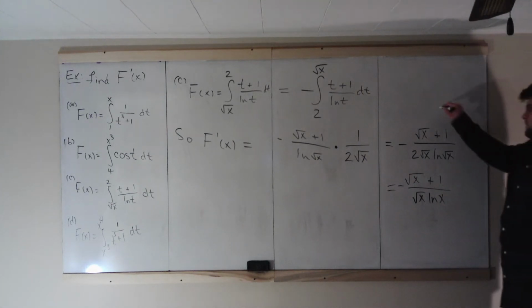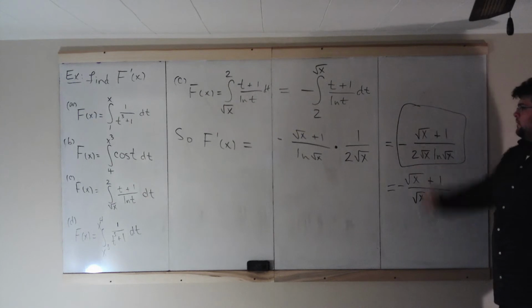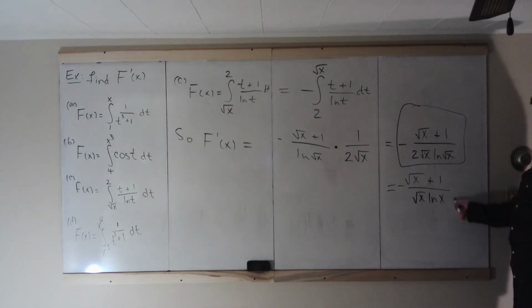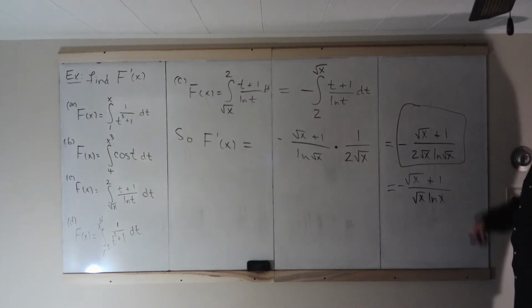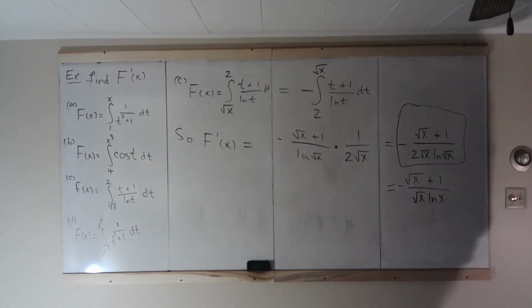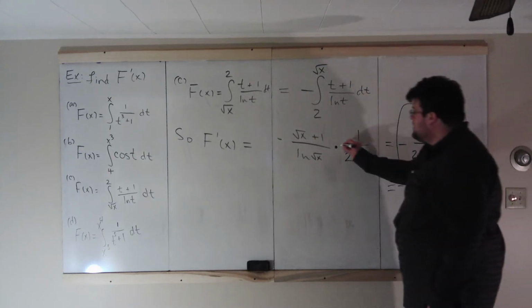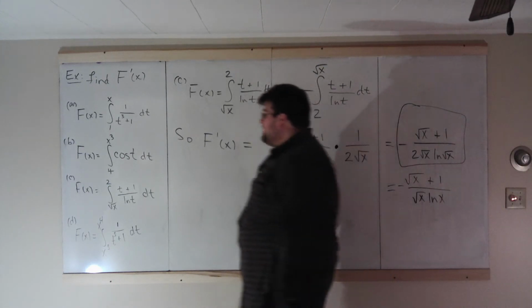If you left your answer like this, that would have been fine. Here, the half comes out front, and the half and the 2 will cancel. But we had the derivative. We used the first part of the fundamental theorem of calculus and the chain rule to find that derivative.